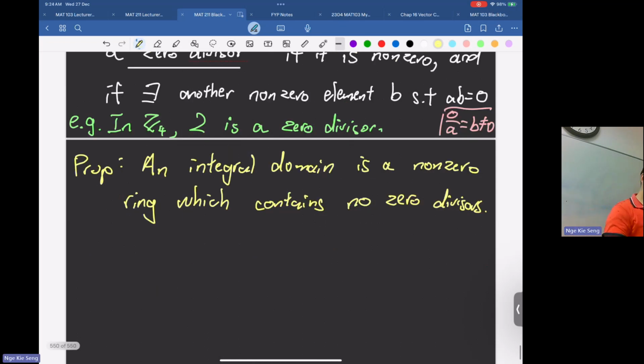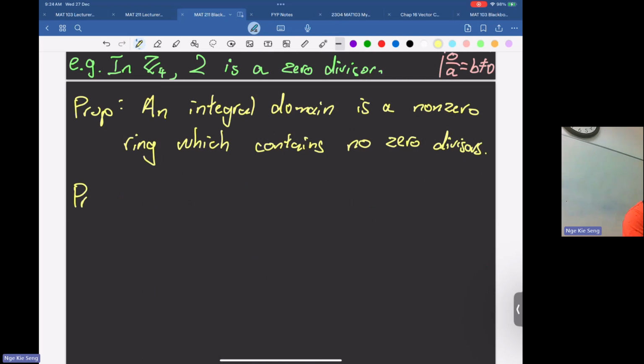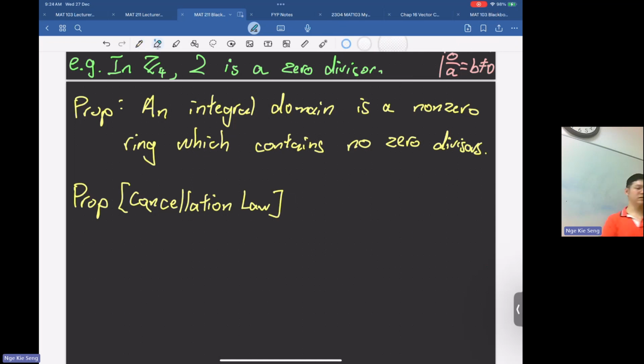So what's so nice about this? It's because we want to do cancellation of factors. Why can you do so many cancellations here? Because of the cancellation law, because of the integral domain you have.